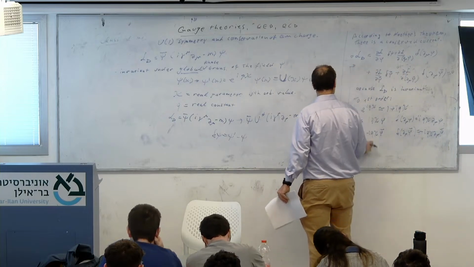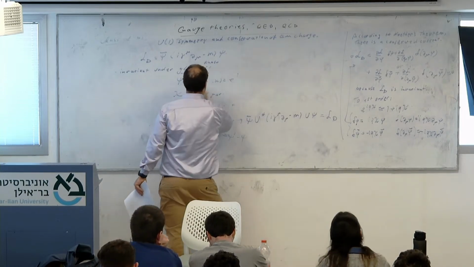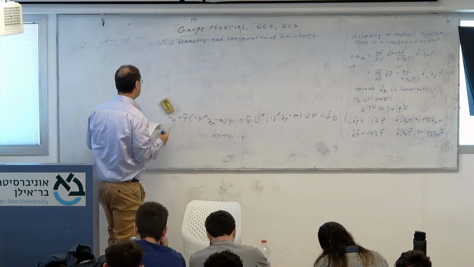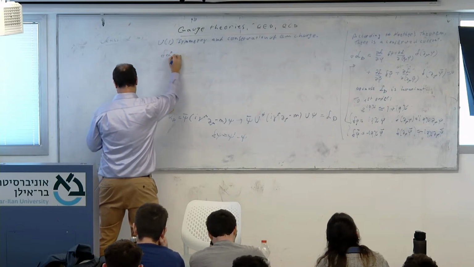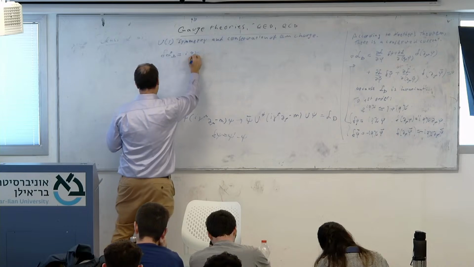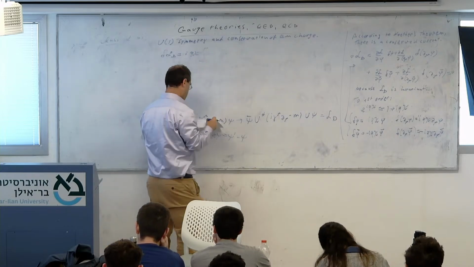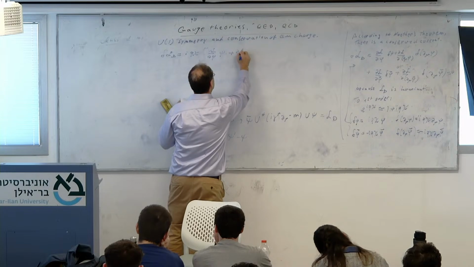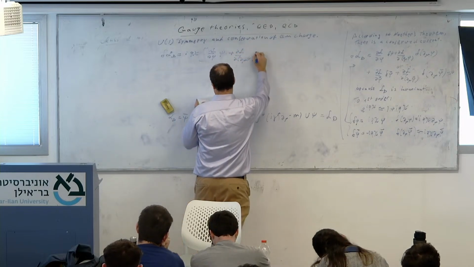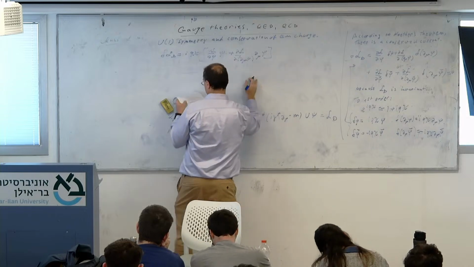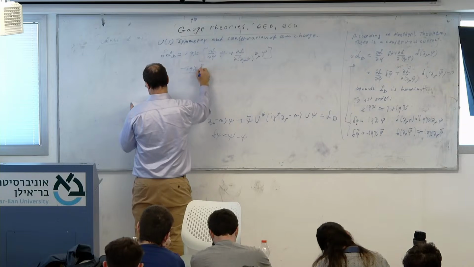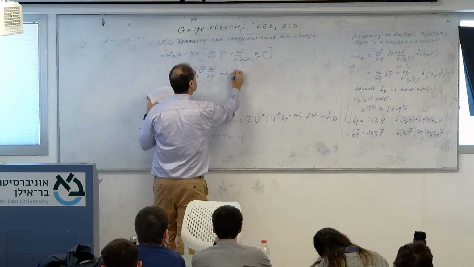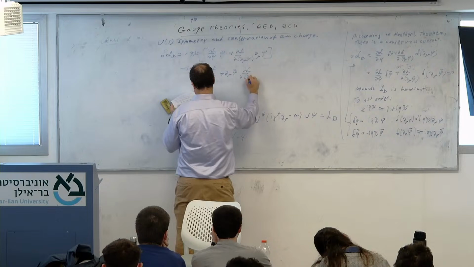Using this in here, we get delta L Dirac is i q chi times dL/d psi psi plus dL/d(d mu psi) d mu psi, minus i q chi times psi bar dL/d psi bar plus d mu psi bar dL/d(d mu psi bar).